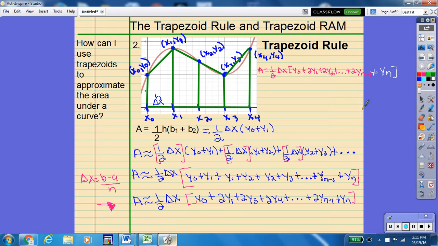And there it is, trapezoid rule. Okay? So this is sort of the proof and how we derive that. If you can remember this formula, then we're going to utilize it in some examples.